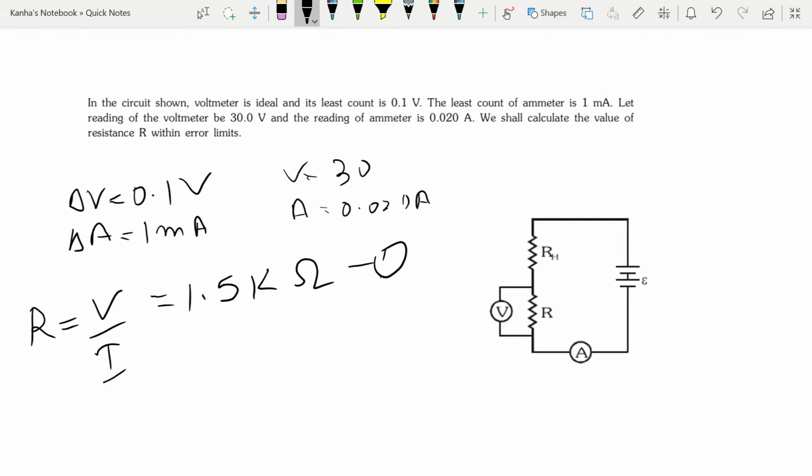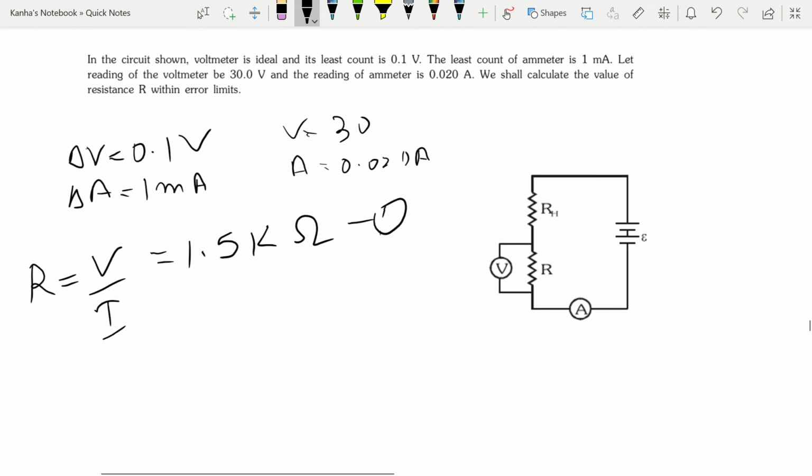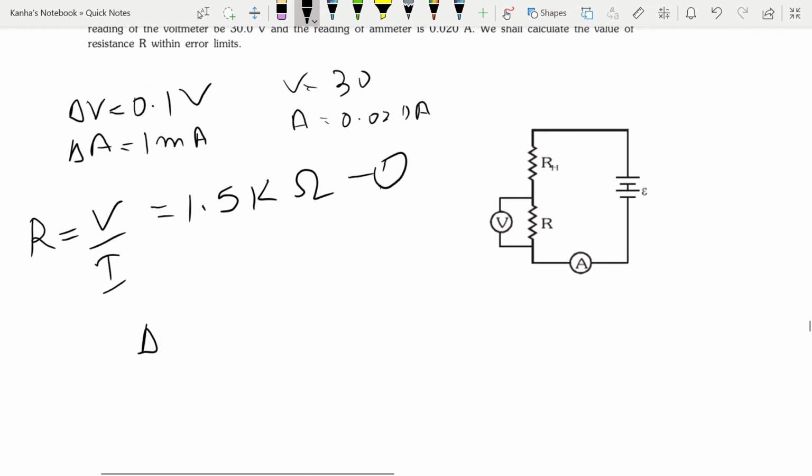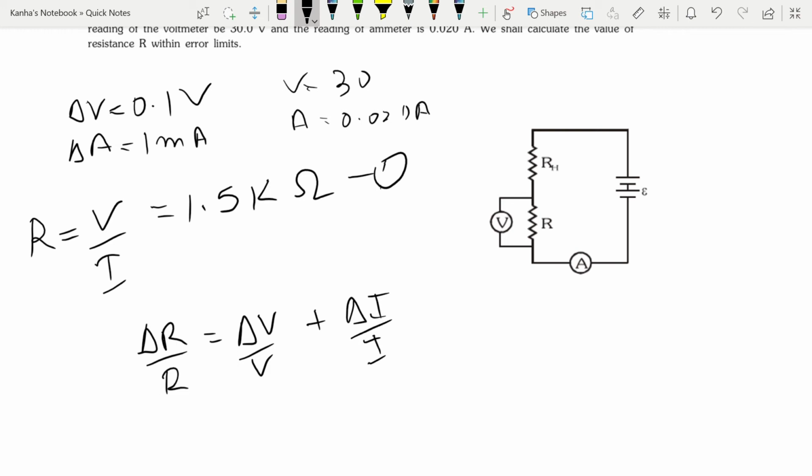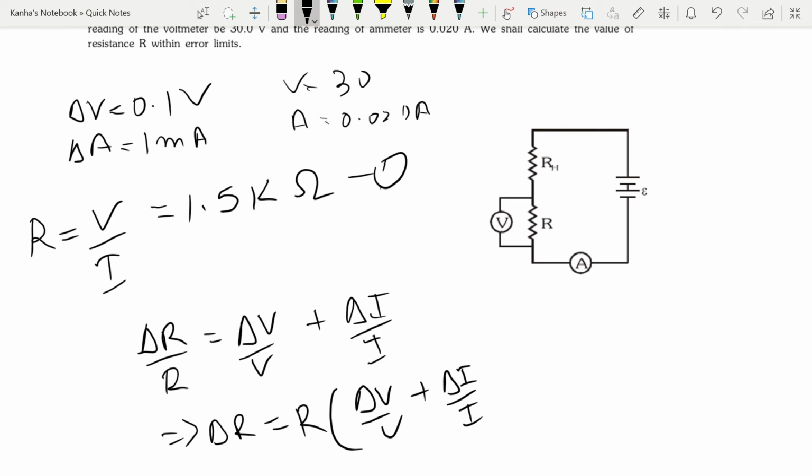Now you need to find delta R. So using the previous simple formula, delta R by R is equal to delta V by V plus delta I by I. That implies delta R is equal to, transposing R to the right side, R times (delta V by V plus delta I by I).